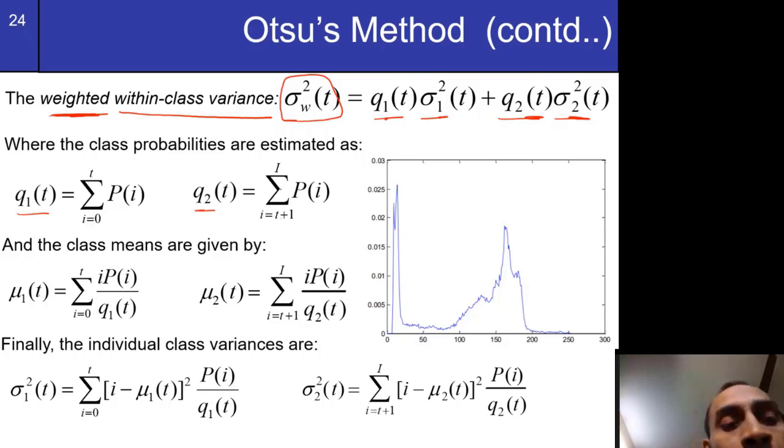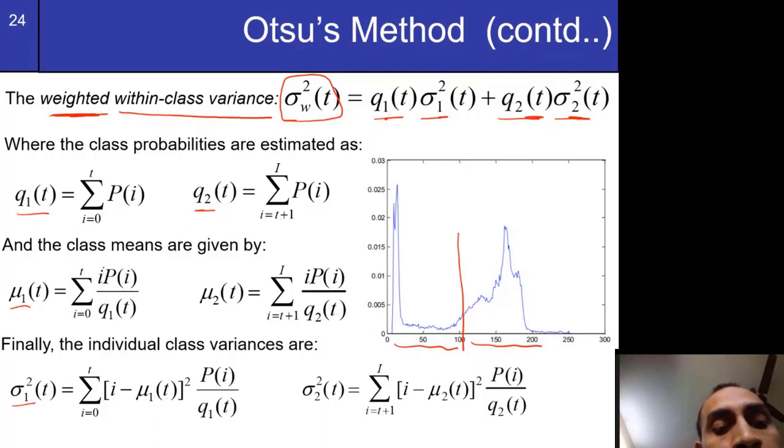So q1 and q2, if you can see here, are nothing but the number of pixels from 0 to t and from t plus 1 to the last value, here probably 255 or whatever. If you are using a t value somewhere here, all these pixels you count here will be q1 of t, and these other pixels will belong to q2 of t.